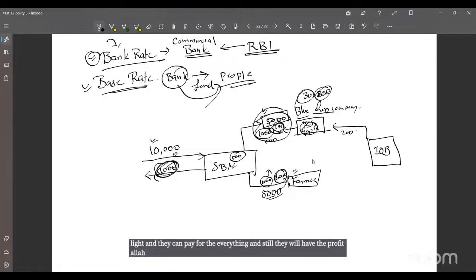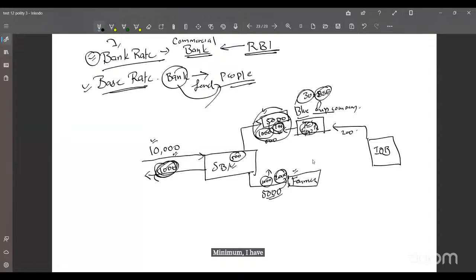எல்லாத்தையுமே calculate பண்ணி என்ன பண்ணுவாங்கன்னு பாத்தீங்கன்னா, minimum I have to give the loan at this particular cost.